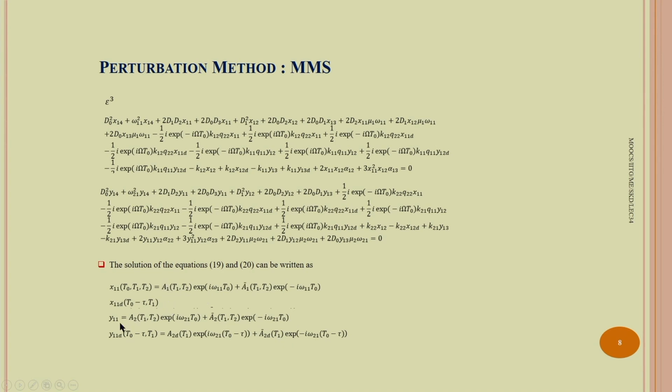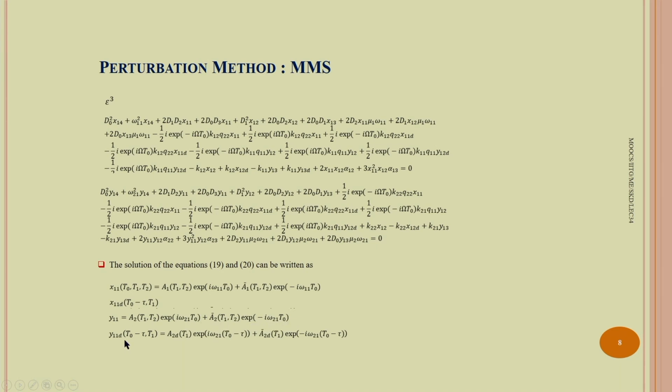Similarly, we can write down the second equation, y11 equal to a2(t1, t2) e to the power i omega 21 t0 plus a2 bar (t1, t2) e to the power minus i omega 21 t0.